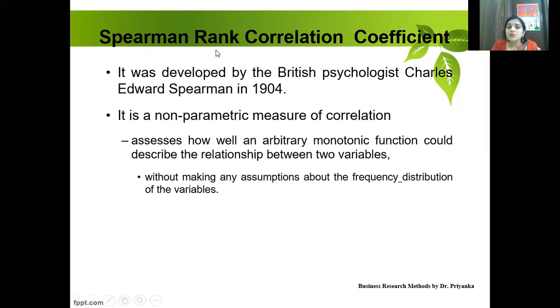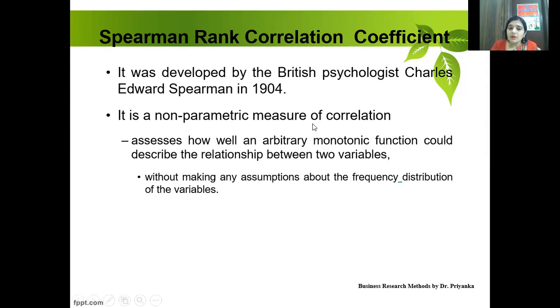And when we talk about non-parametric tests, that means we are either talking about nominal or ordinal data, right? Here we are talking about ranking data, ordinal data. That is why we are calling this particular test the rank correlation coefficient. So Spearman from the name, and rank because ranking data is there, and correlation coefficient because we are checking the association, the measure of association.